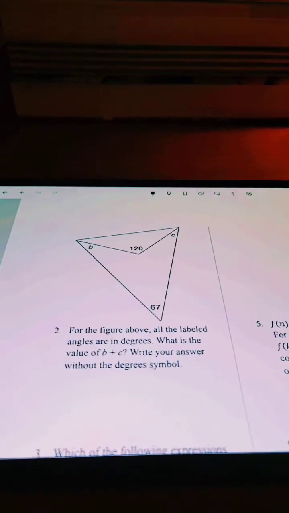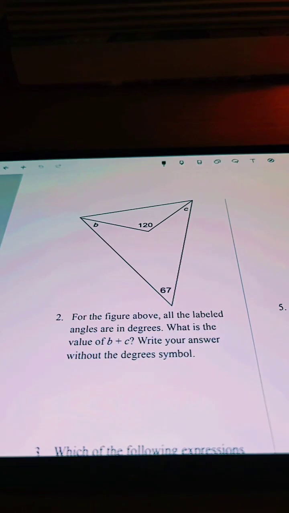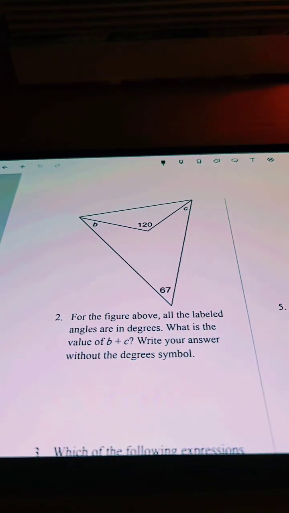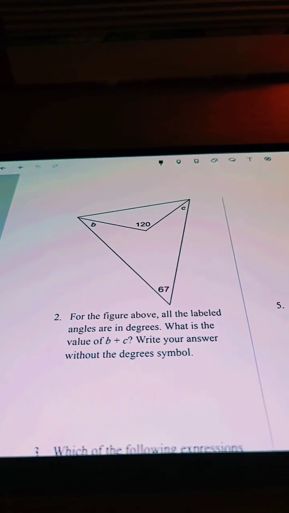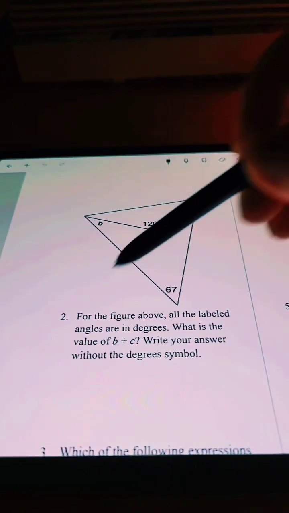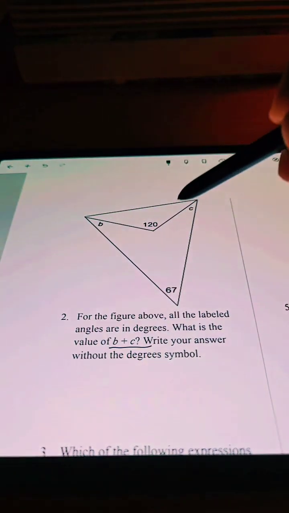Okay, so now for number 2, it says, for the figure above, all labeled angles are in degrees. What is the value of B plus C? Write your answer without the degrees symbols. Remember, if you add up all 3 angles in a triangle, you should get 180 degrees. We want to figure out the value of B plus C, so this angle plus this angle.